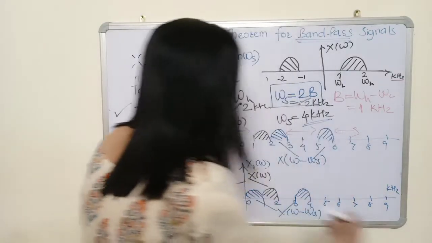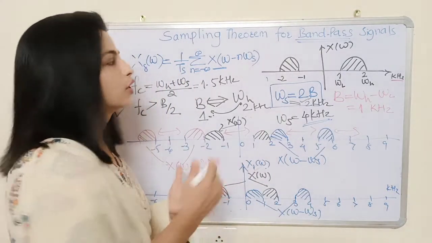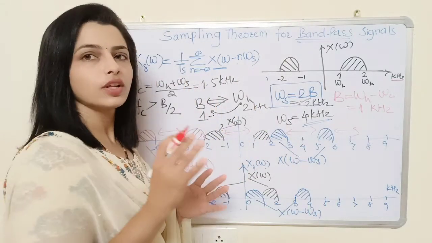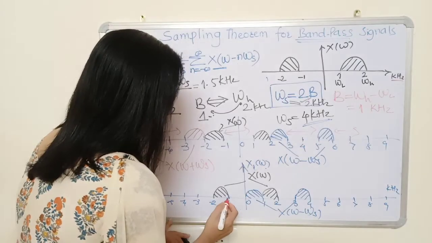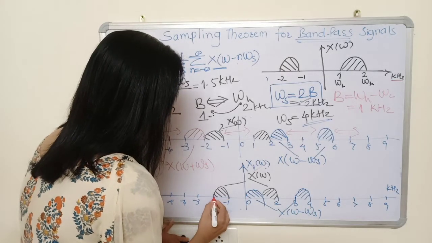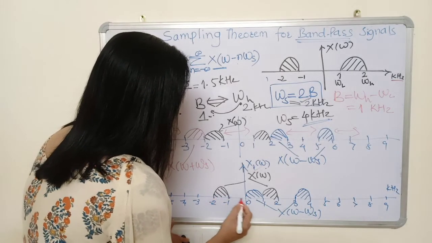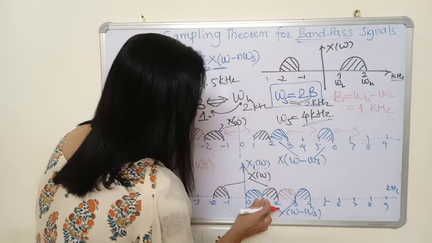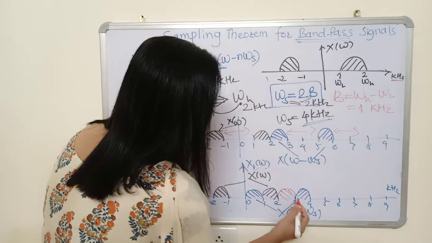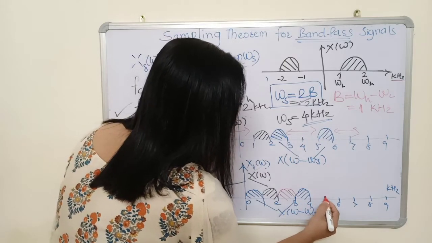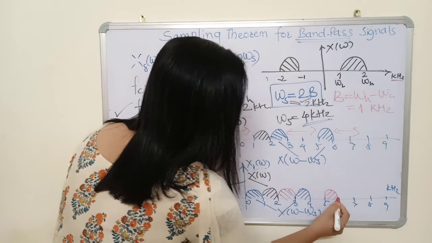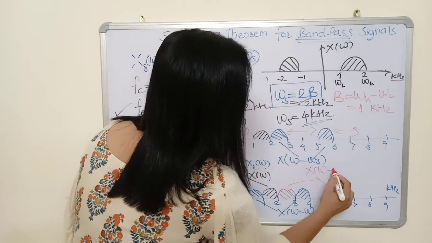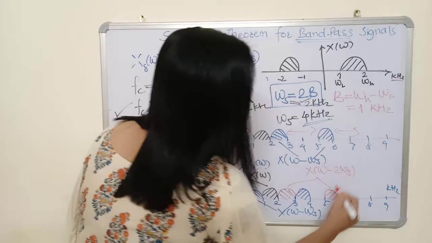Now omega minus 2 omega s means omega minus 4 kilohertz. So let us move this point by 4: 1, 2, 3, 4. So it will be like this. Now this point, 1, 2, 3, 4. So this red is x of omega minus 2 omega s.